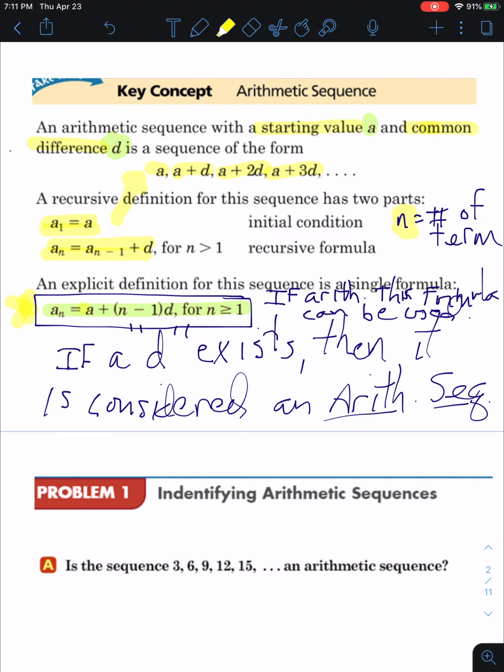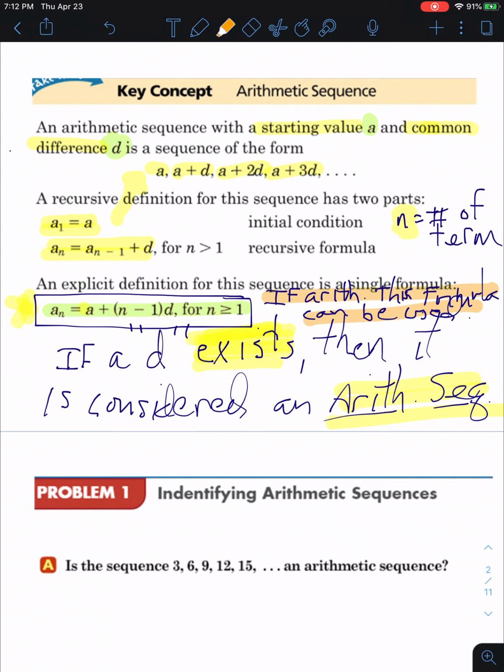And then that would give us any term. If a d does exist, this is an important thought here, if a common difference does exist, then it's considered an arithmetic sequence. And if it's an arithmetic sequence, the formula can be used. So if we know there's a common difference.